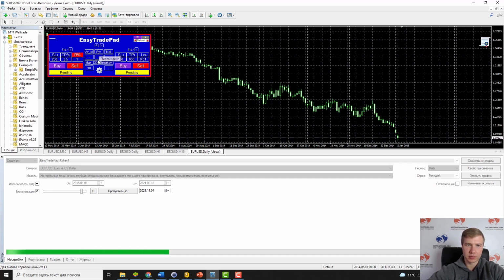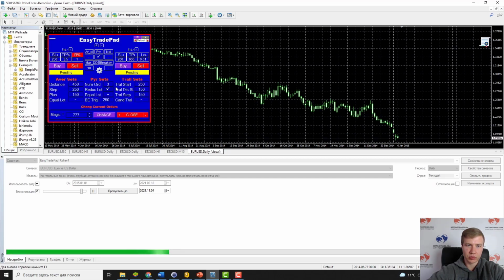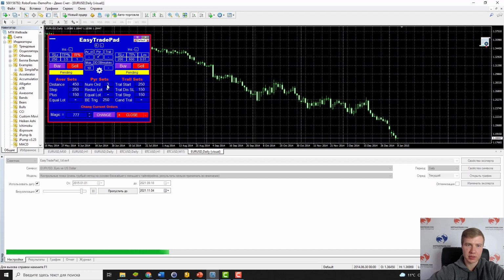To enable pyramiding, there is a pyramiding tab on the EasyTradePad panel. By clicking on it, our deals will be added according to the trend. There is also a column of pyramid settings. Accordingly, you can set your pyramiding settings.